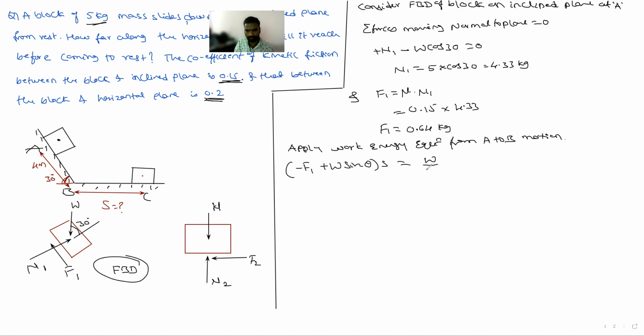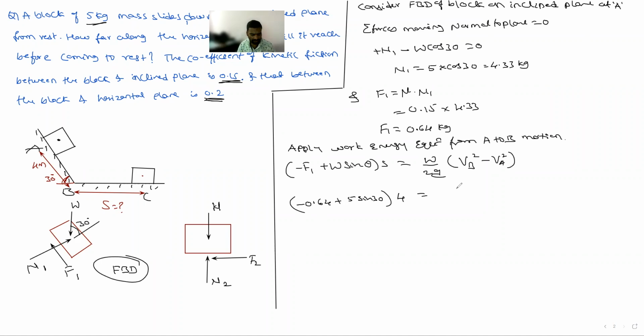You can take mv or W by 2g into VB square minus VA square, where the final velocity is at B and the initial velocity is at A. Minus 0.64 plus W, which is 5 sin 30, into S. S is 4, as given in the problem.